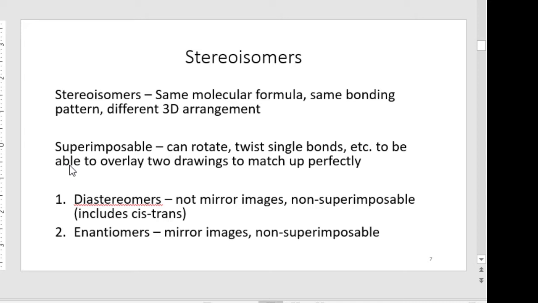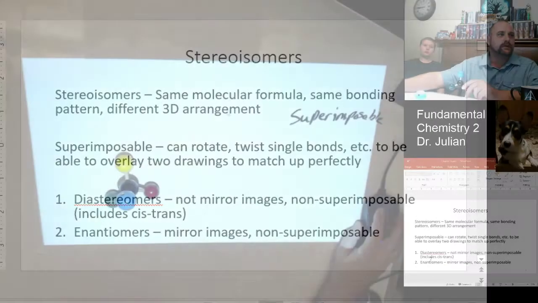I'm going to take 2 models here. These models have 4 different things on them. Each one's got a green, a blue, a yellow, and a red. It helps if we put the models where you can see these.